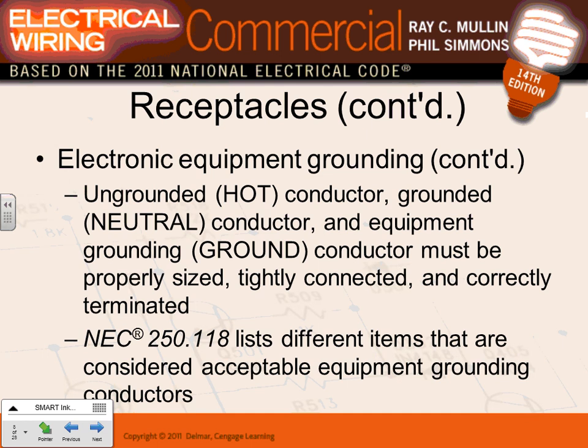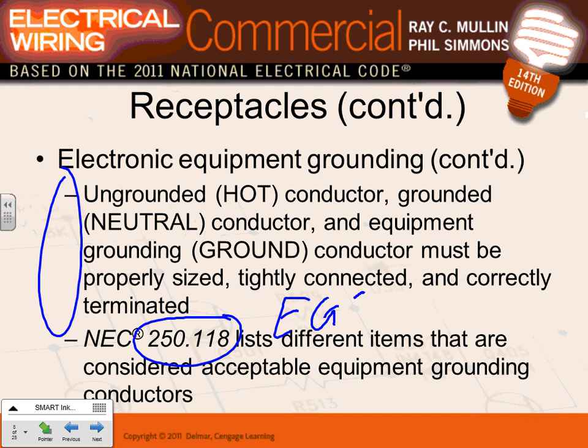So the grounding conductor, ungrounded conductor, and neutral must be properly sized, tightly connected, and correctly terminated. There are also a couple of other things to take into consideration. If you go to Article 250.118, it will give you a list of all approved equipment grounding conductors.